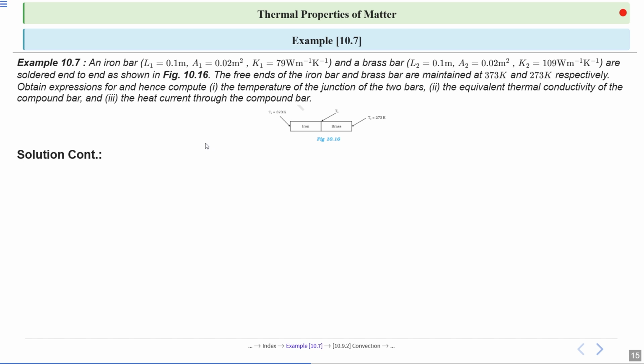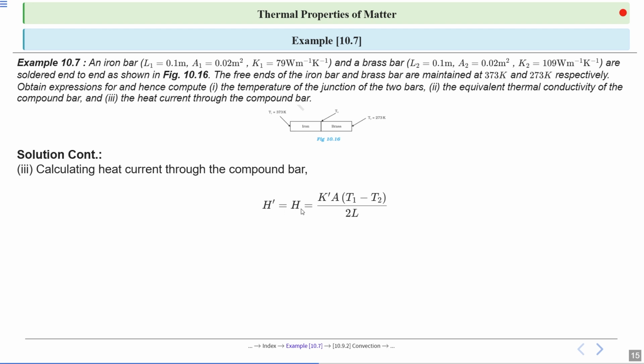Alright. Similarly, we will find out the heat current through the compound bar. So calculating the heat current through the compound bar, the formula is H prime is equal to H is equal to K prime A into (T1 minus T2) divided by 2L. Here K prime is the thermal conductivity of the compound bar. So put the values: H prime is equal to thermal conductivity of the compound bar 91.6 into area, that is 0.02, into (T1 373 minus T2 273), and divided by 2 into L, that is 0.1.